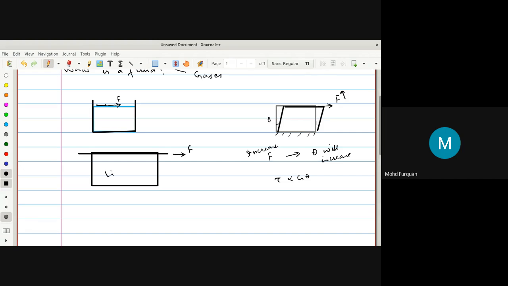So here is a fluid, and you are applying a tangential force over here. So now the question arises: what will happen to this liquid, or even if there is gas?